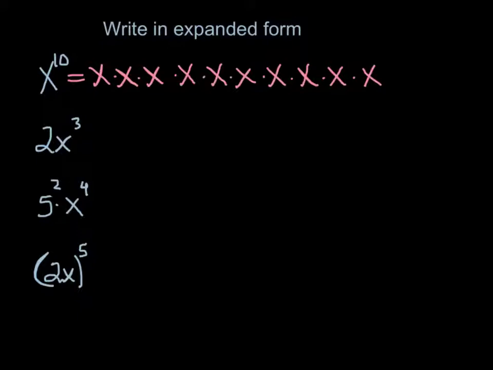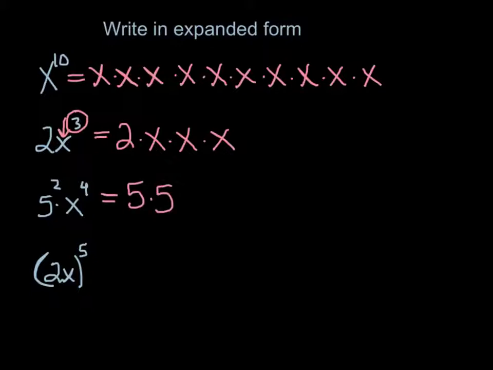2x to the third, this is very important. Only x is being raised to the third power. This exponent just goes on your x. It does not go to the 2. So this means 2 times x times x times x. On this one, it's 5 squared, so that means 5 times 5, times x to the 4th. So that means x times x times x times x.